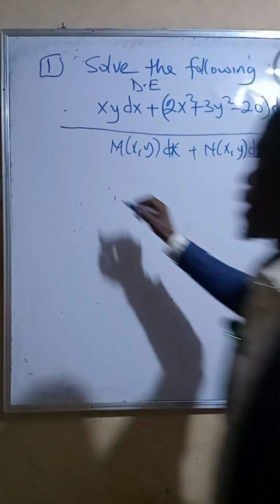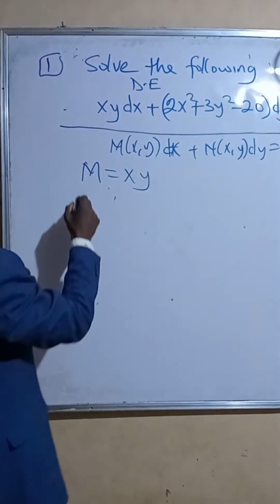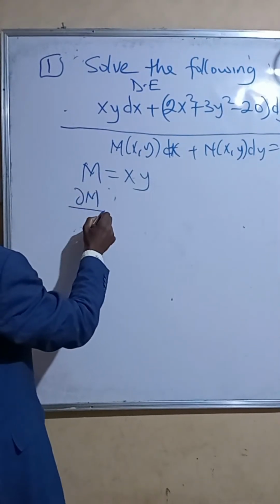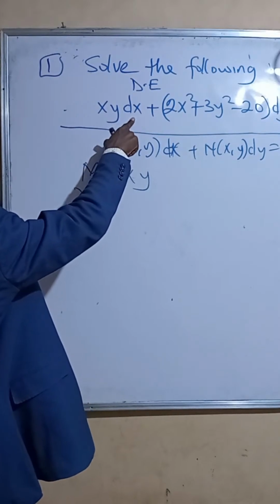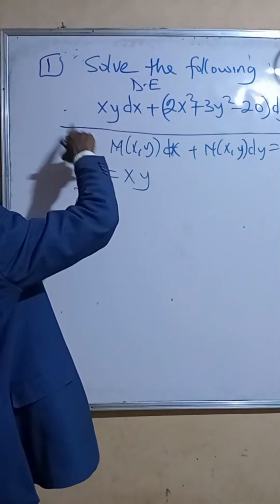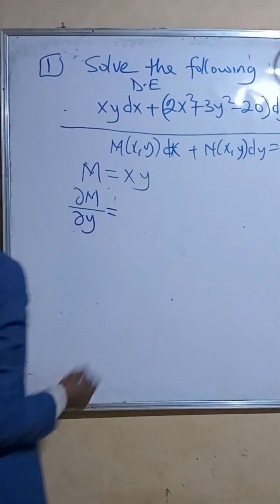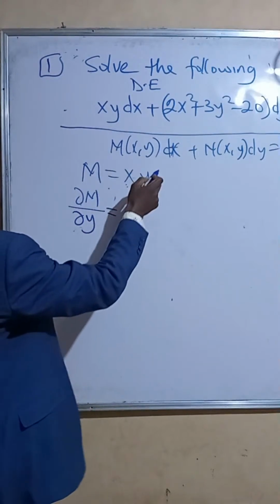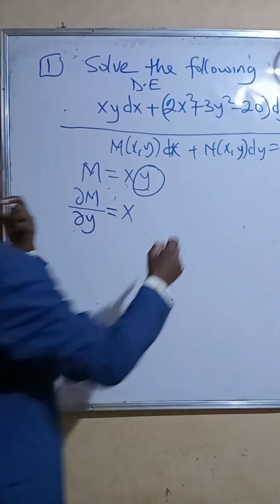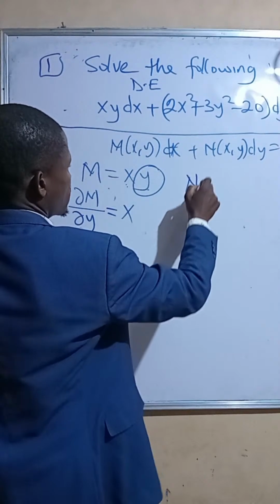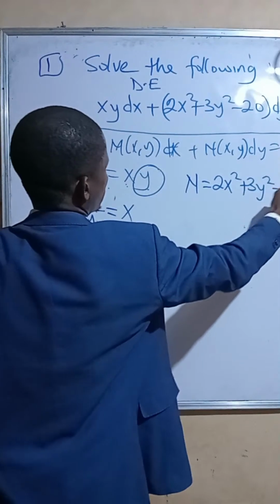In that case my m is xy. So partial differential of m with respect to y: we have x times 1, so we are only differentiating partially with respect to y, keeping x constant. Your n is 2x squared plus 3y squared minus 20.